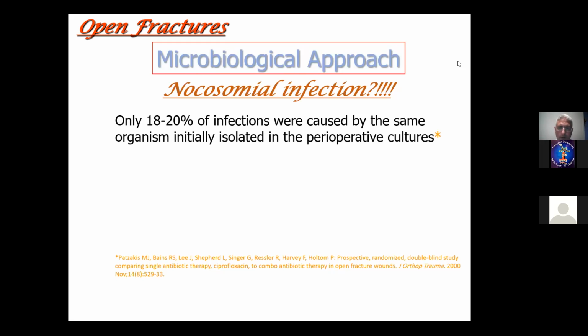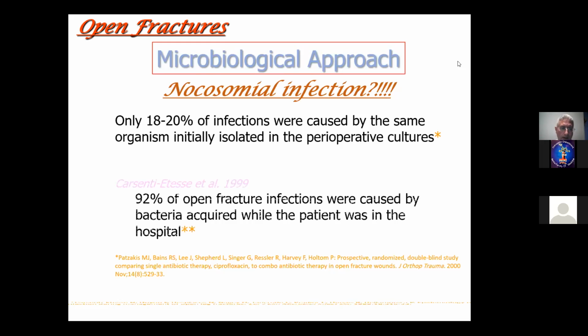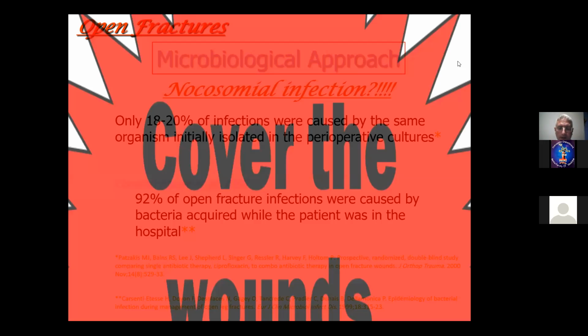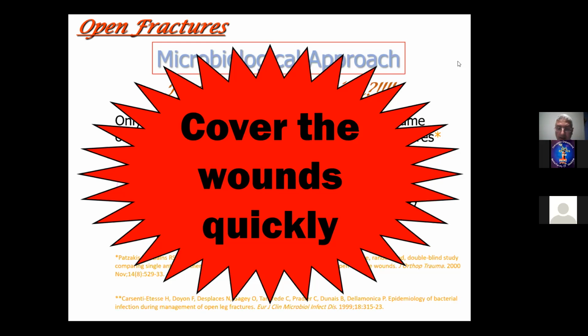So only 20% were caused by organisms from the field, and the other 80%, or even 92%, of open fracture infections were caused by bacteria acquired while the patient was in the hospital, nosocomial infection. So you have to cover the wounds quickly and avoid covering and uncovering the wound.